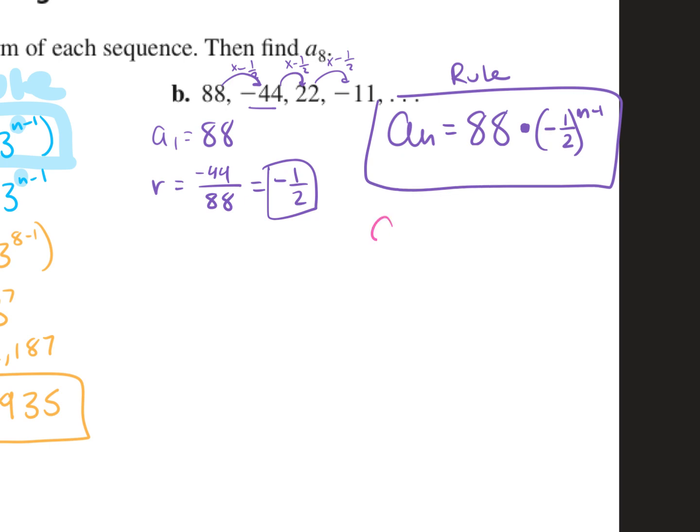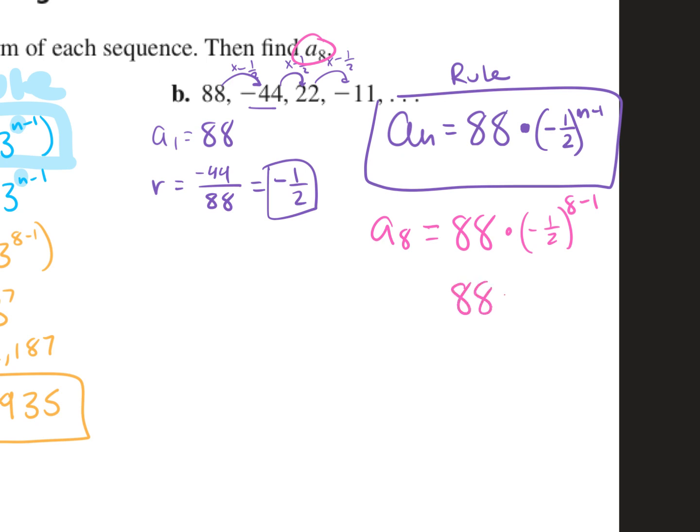Now for a sub 8, because it asks us to find the 8th term, what would I do? So I do 88 times negative 1/2 to the power of 8 minus 1.